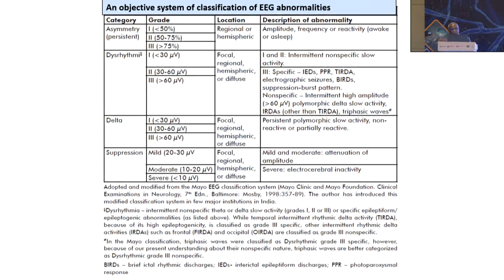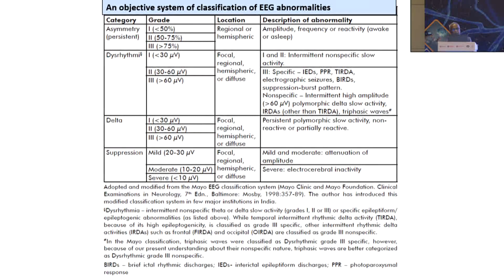I brought this system from Mayo and started it in Sri Chitra, and most of the consultants elsewhere who had their training in Mayo follow this. But there may be other systems followed by other institutions, so you cannot have this comparison between different institutions.